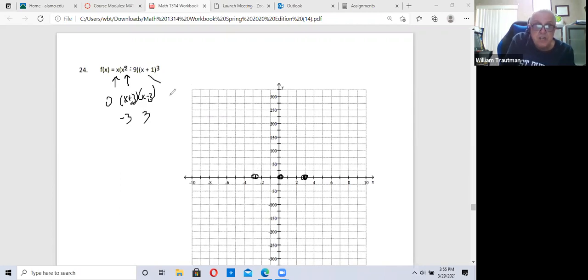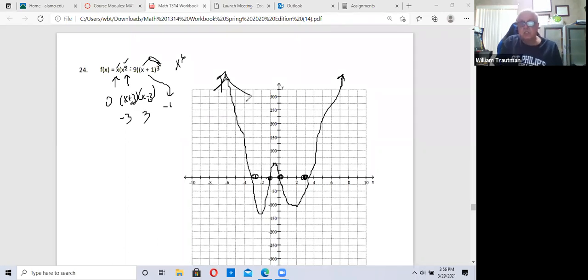And then right here at -1, there's a zero. There's 1 x, 2 x's, that's 3 x's, and 3 more because that's a cube, so 6 x's. Even power, x to the 6th, they both go up. It goes through, comes back up, goes through, comes back up, and then goes up forever. So that's an x to the 6th.